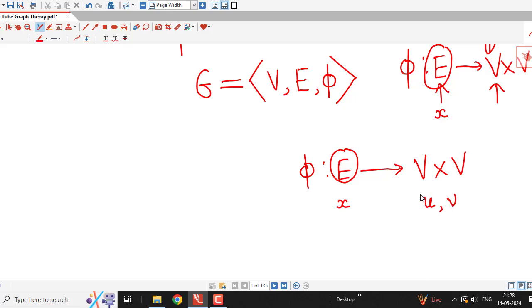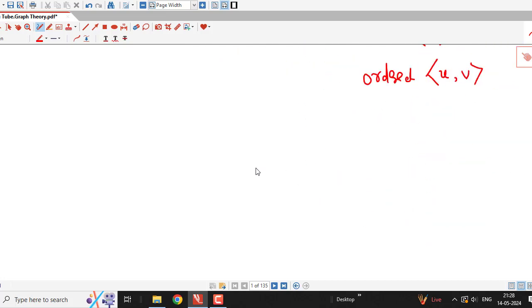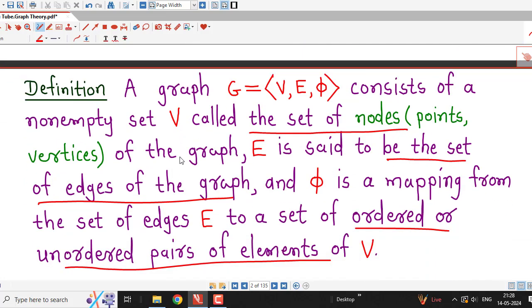If these vertices are ordered, if order is important, then we will use this notation. This is for order important, so this we use for ordered pair, and this notation is for unordered pair. So phi is a mapping from the set of edges capital E to the Cartesian product of the set of vertices with itself. If we have this situation, then we have a graph.